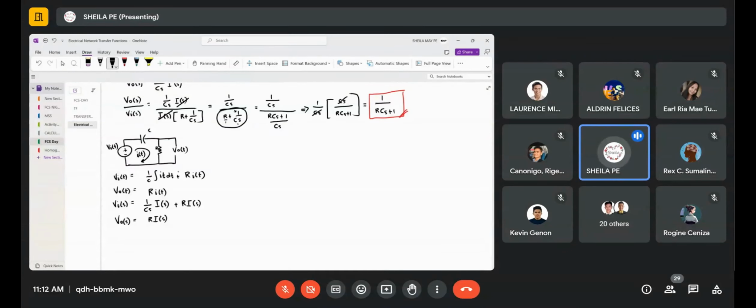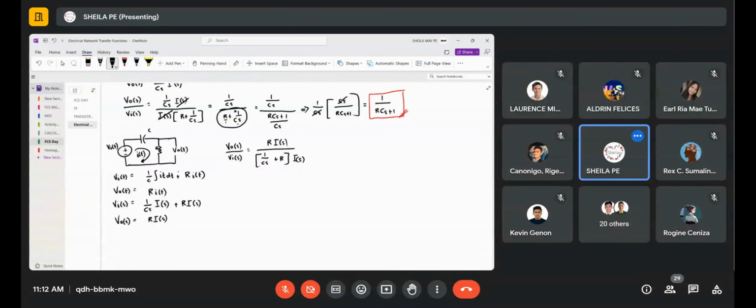Now, taking the ratio of these two, so VO over the input, so R I(S), and for our VI(S) is 1 over CS plus R I(S).